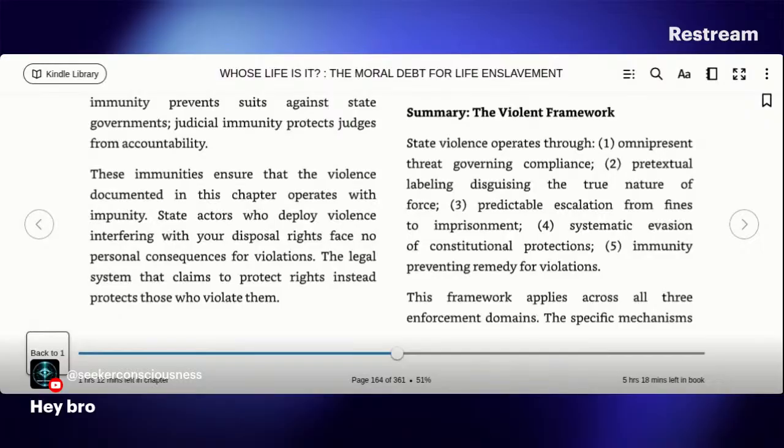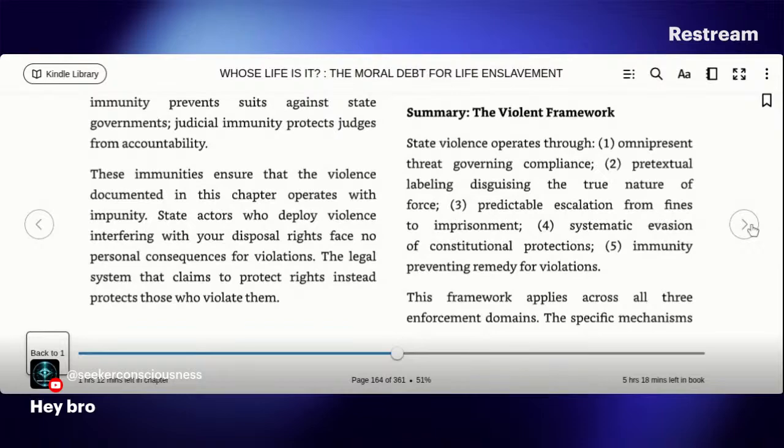State violence operates through omnipresent threat governing compliance, pretextual labeling disguising the true nature of force, predictable escalation from fines to imprisonment, systematic evasion of constitutional protections, and immunity preventing remedy for violation. This framework applies across all three enforcement domains.